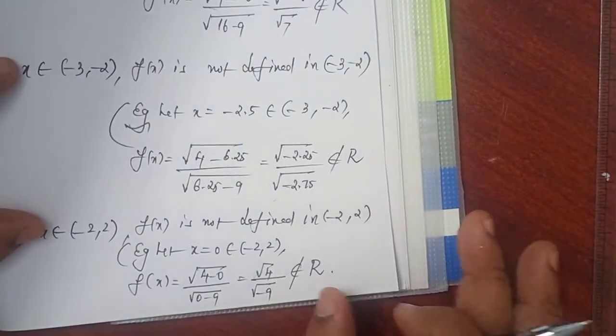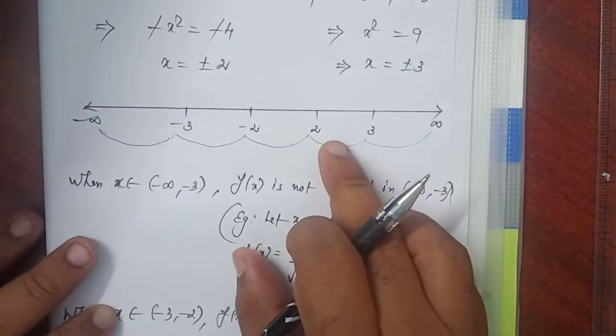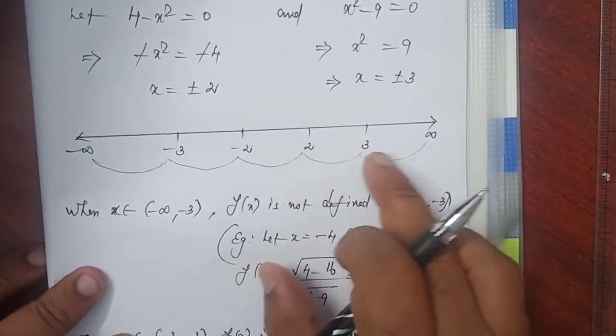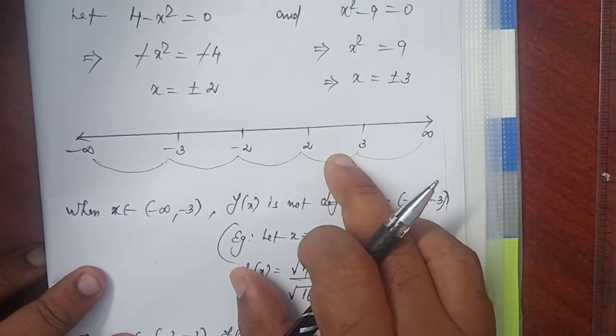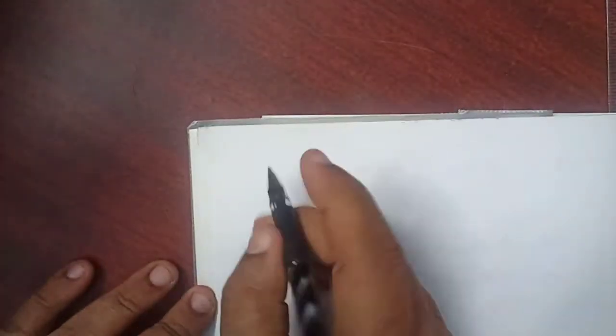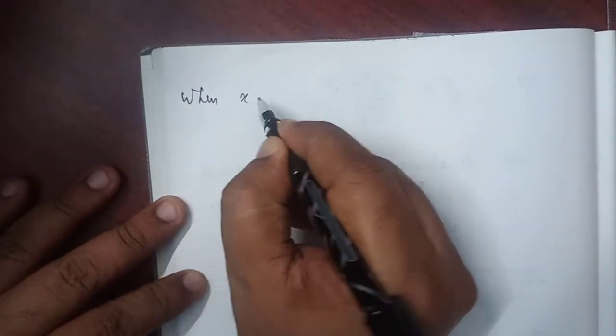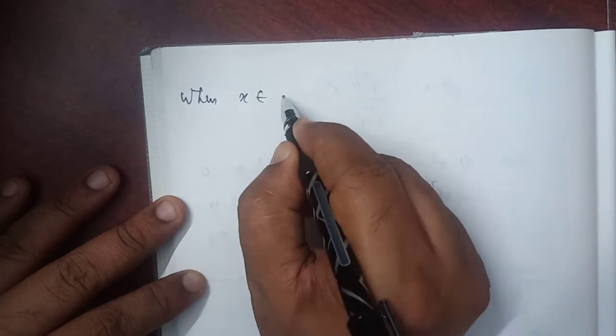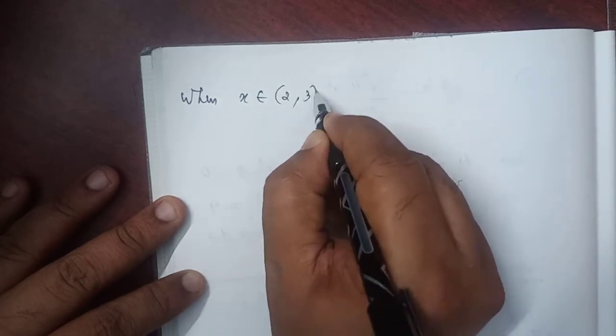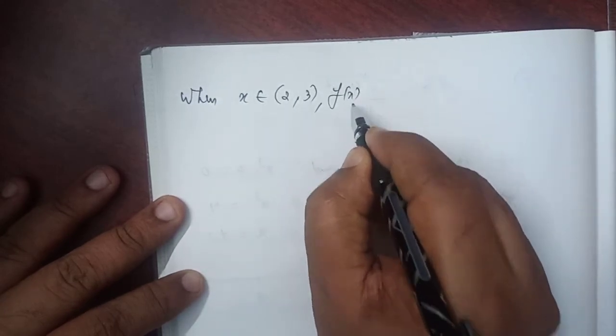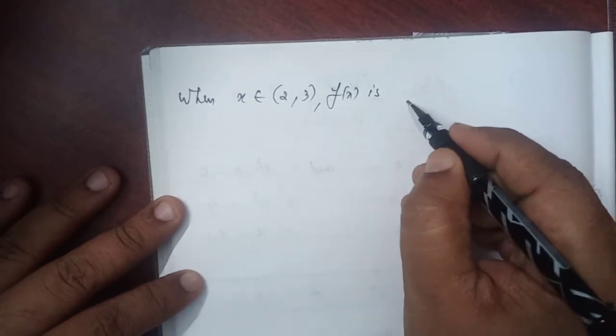Right, three intervals are over so far. Now I get into the fourth interval, 2 comma 3. In between 2 and 3 I am taking one number, 2.5. When x belongs to the interval 2 comma 3, we have to verify whether f of x is defined or not.